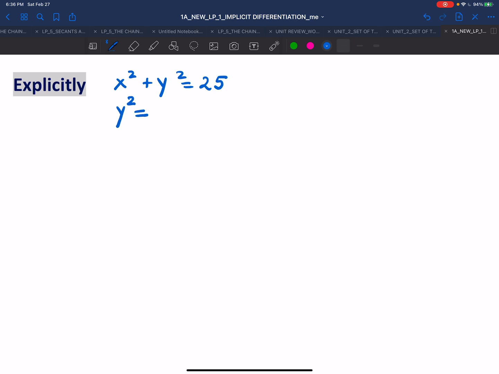So that means that we have y squared now equals 25 minus x squared, which will tell us that y equals plus or minus the square root of 25 minus x to the power of 2.